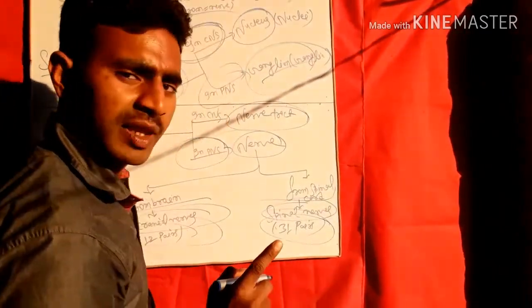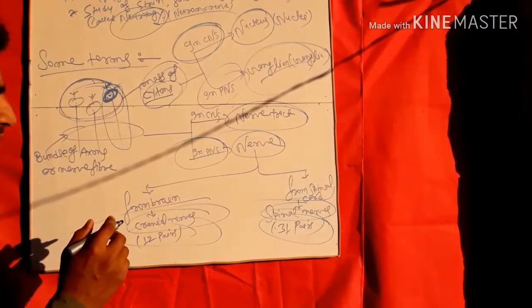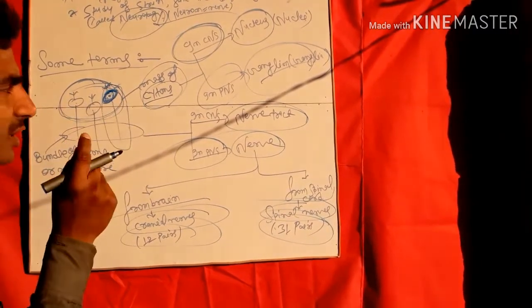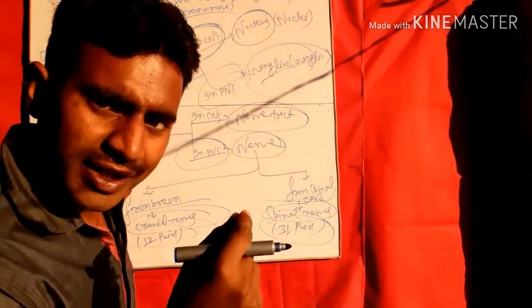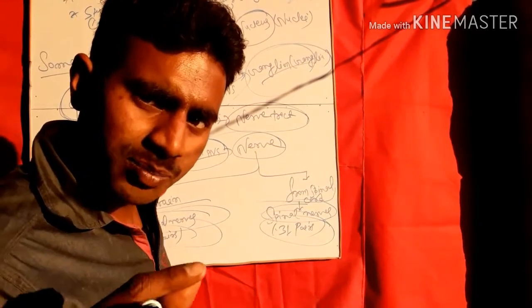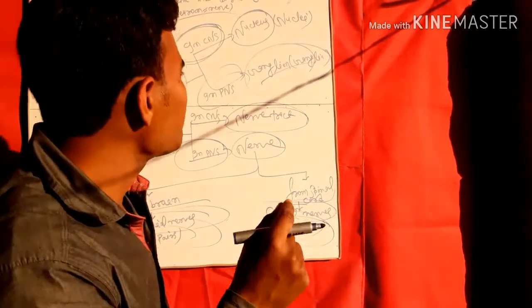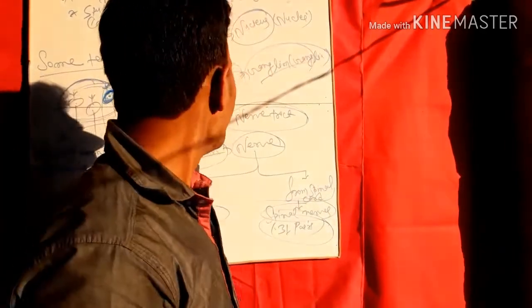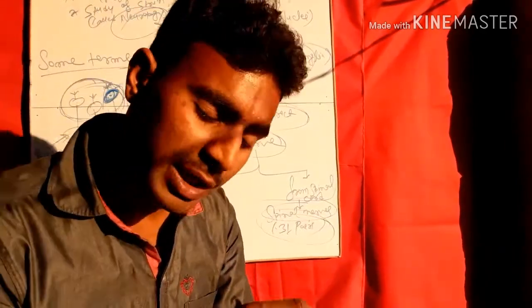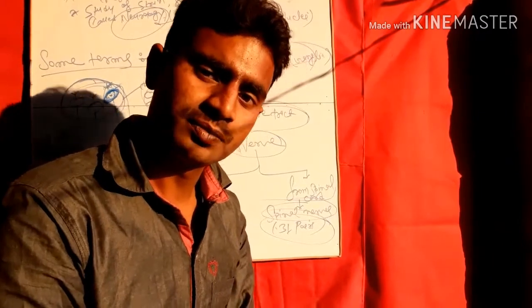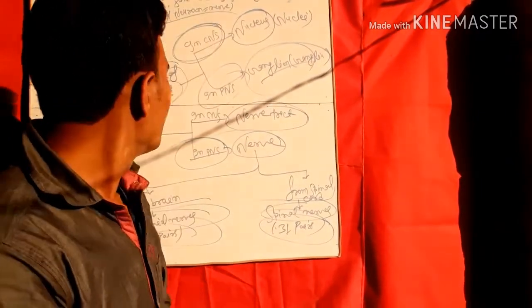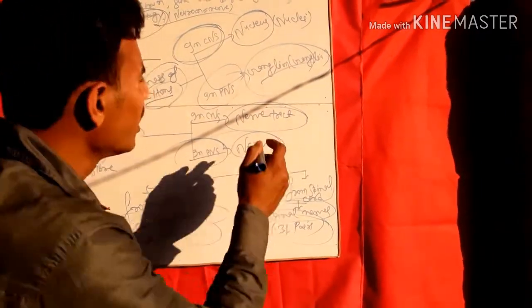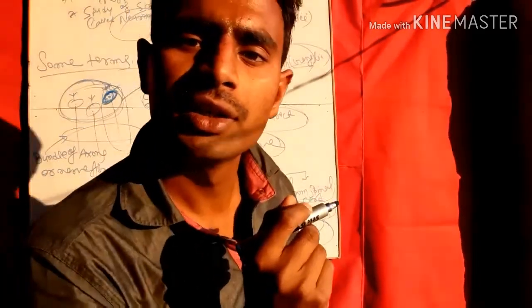Completely, inside the cytons, the nucleus is present, but that is in the central nervous system. In the peripheral nervous system, in cytons, ganglia is present.